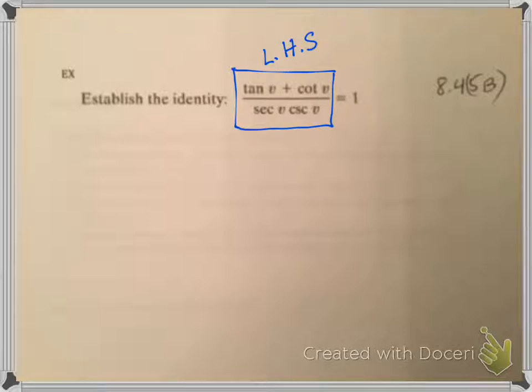Okay, so tangent is sine v over cosine v. And cotangent is defined as cosine v over sine v. So now I have sine v over cosine v plus cosine v over sine v. And all I did was use the definitions of tangent and cotangent.